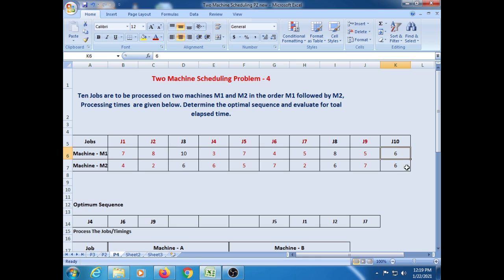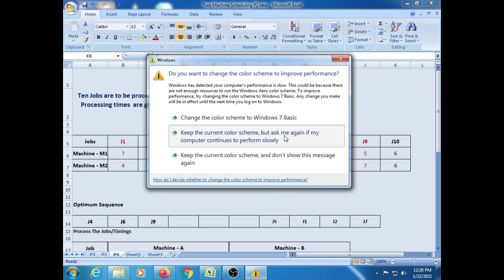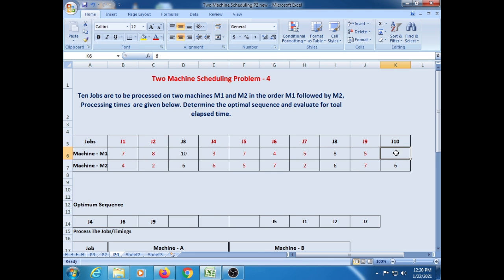So here we take this or this, whatever you consider. If you consider this, the job 10 will be placed from right to left. If you consider this 6, the job 10 will be placed from left to right.